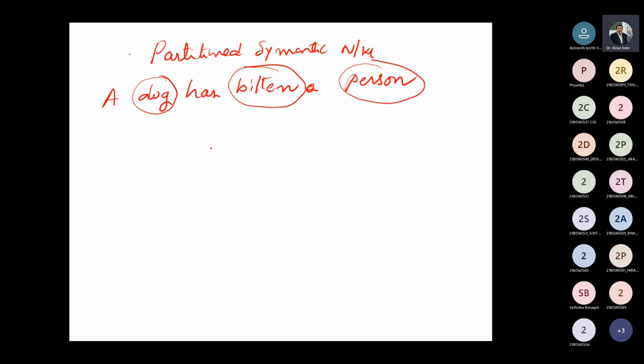So the partition semantic network takes some D, where D is a dog, and this is a bite, because many types of bites exist, and based on the bite the intensity will change.